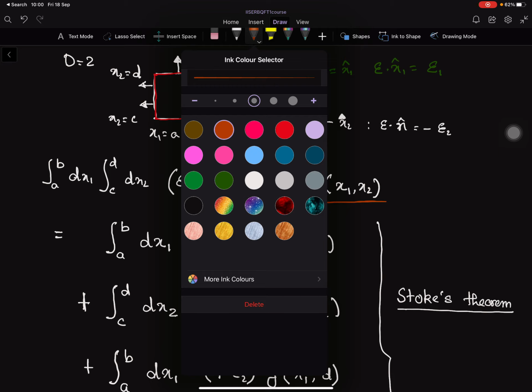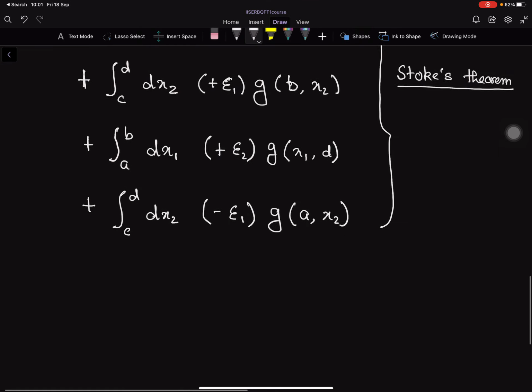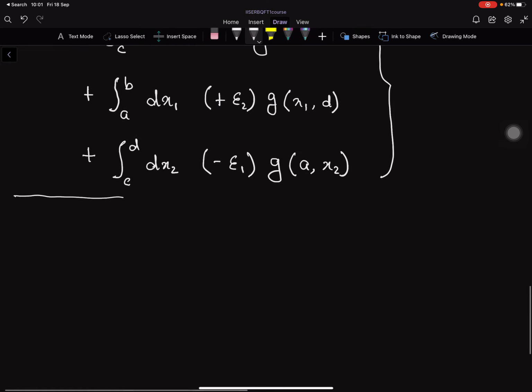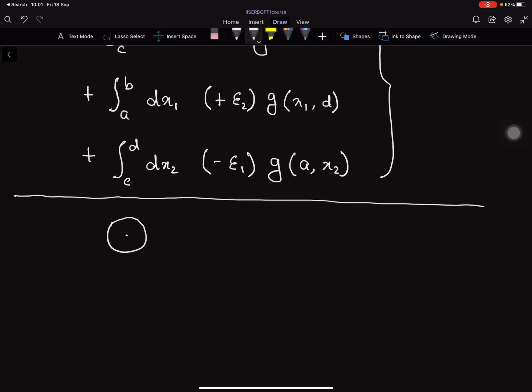You can also do another case, let's say you are integrating over a disk. So let's say you are integrating over this.